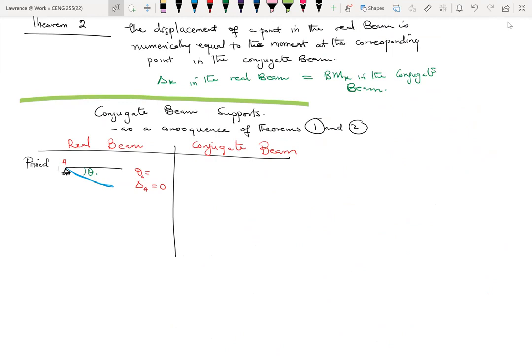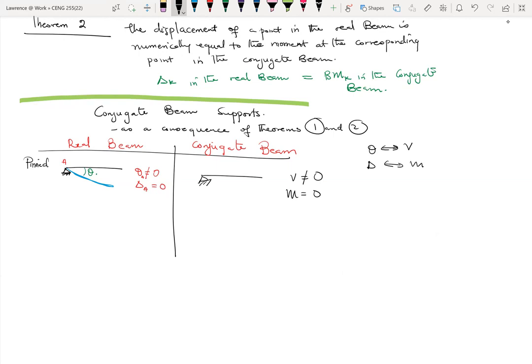Okay, so it means that based on what these conditions are, maybe I can say that this is not equal to 0, so that it makes things easier. So based on these conditions, I need to come up with a support condition whereby the shear force will not be 0, and also the moment will be 0, because remember, slope correlates to shear, and then delta, which is deflection, correlates to moment.